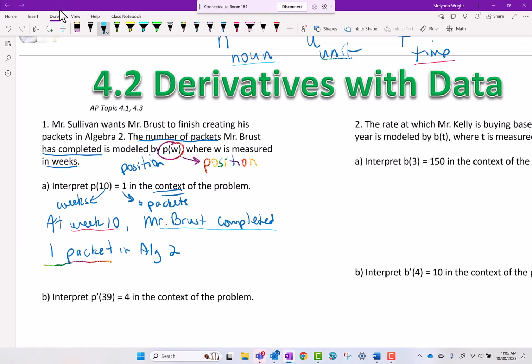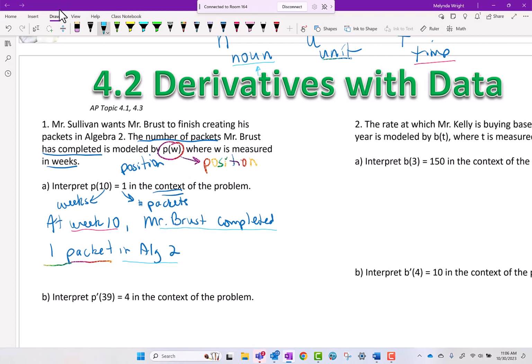So all three things are mentioned, so we are good to go. I want to pause there for a second. Are we okay? Mr. Brust completed is the subject, if you will, and they call it noun, but it's really the subject of the context of the problem, that he's completed one packet in Algebra 2.